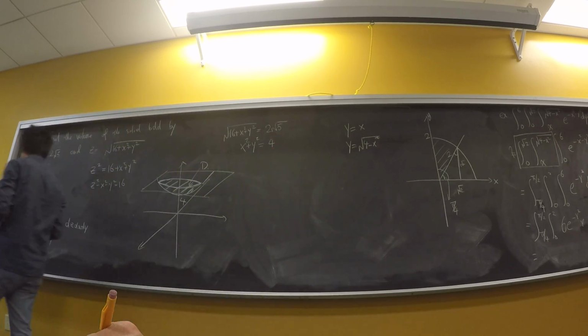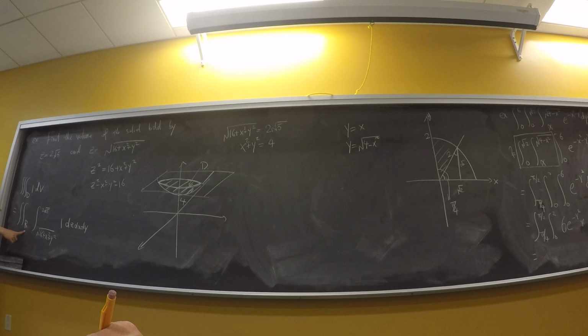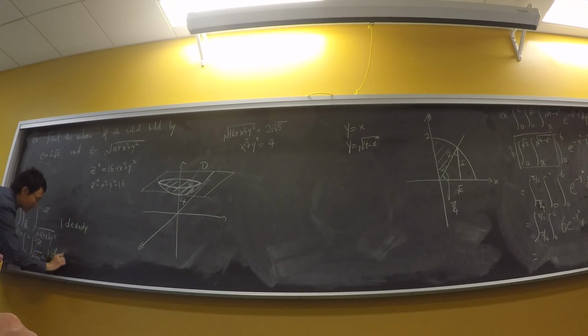So this R as the projection is nothing but a radius 2 disk. So if I do that, this is going to be from 0 to 2 pi, from 0 to 2, then from square root of 16 plus r squared to 2 square root of 5, then 1 dz dr d theta.